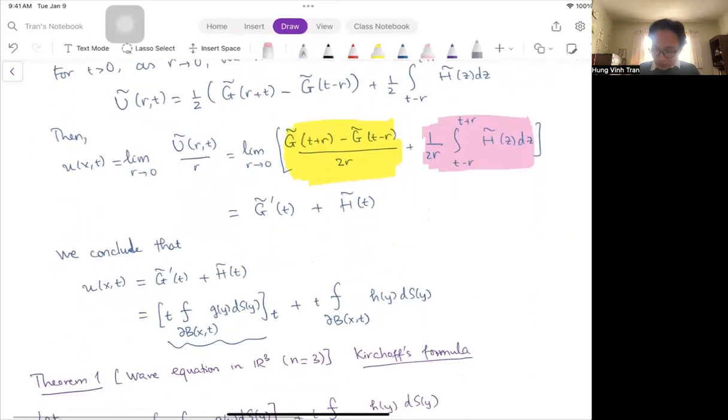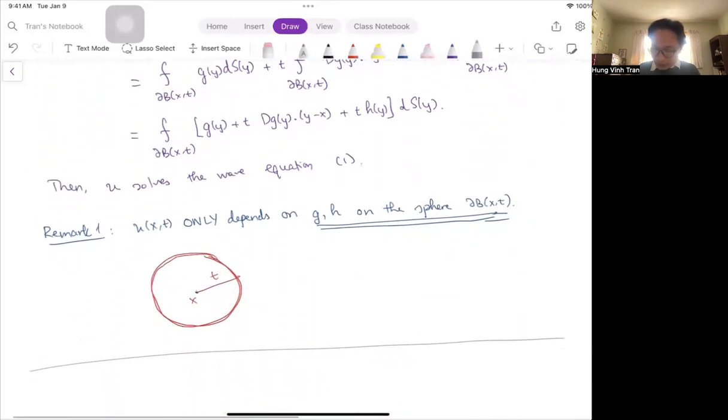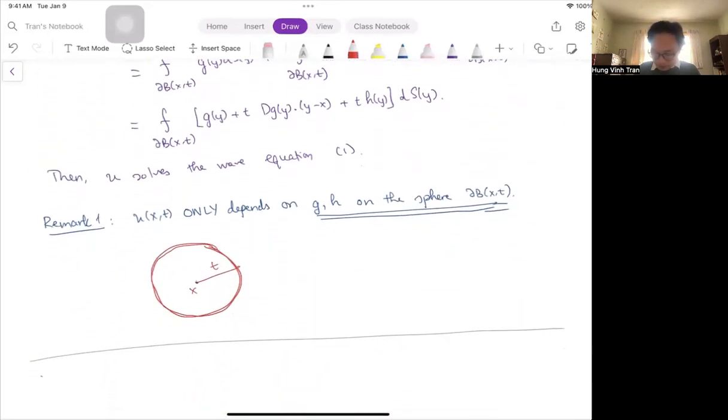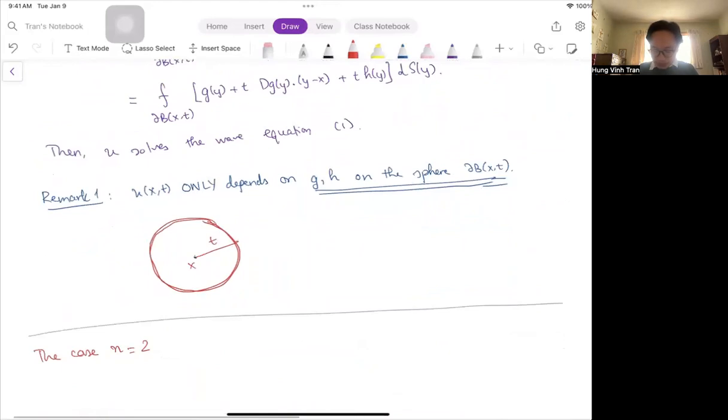Now let me say that it's the second case, which is the case n equals 2. So it's exactly the case of the wave equation in 2 dimensions. This is the corresponding Poisson's formula. It turns out that for the wave equation in 2 dimensions, we cannot do the same.